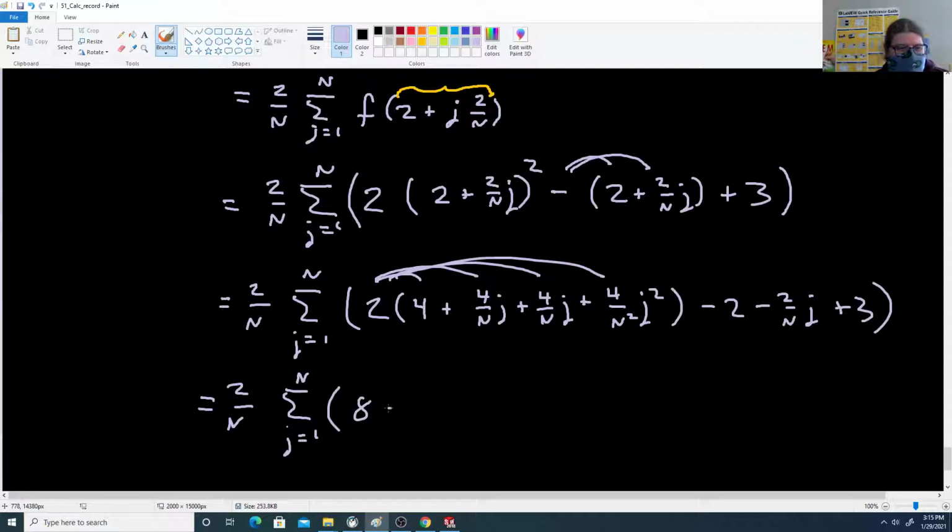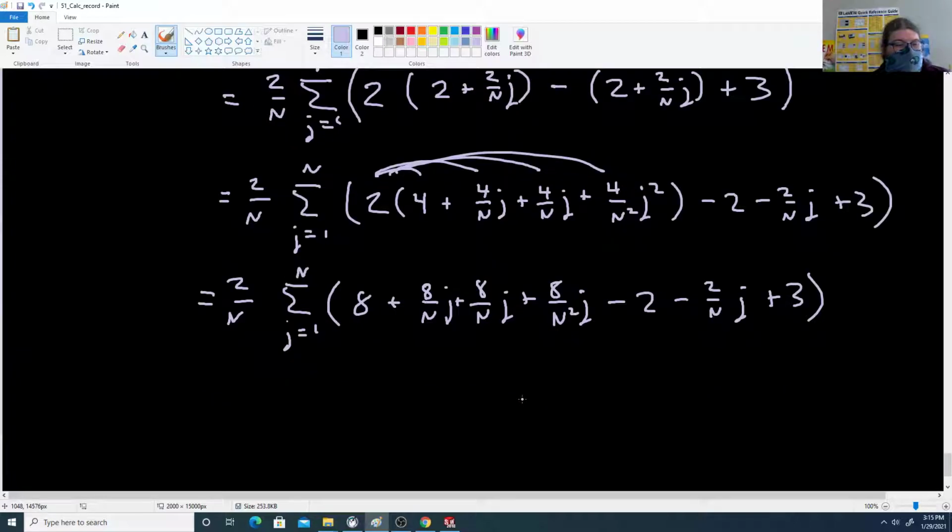So that's 8 plus 8 over n times j plus 8 over n times j plus 8 over n squared times j squared minus 2 over n times j plus 3. Okay, so this was a j squared term here, so the 4 over n squared was also a j squared. So I'm going to push my j squared term up to the front.